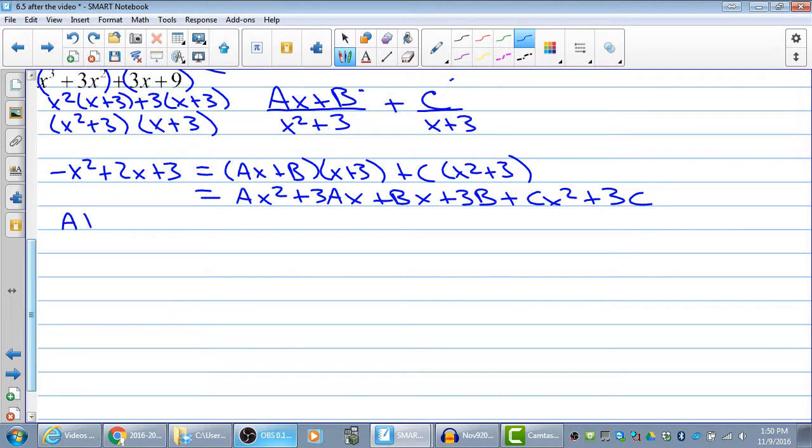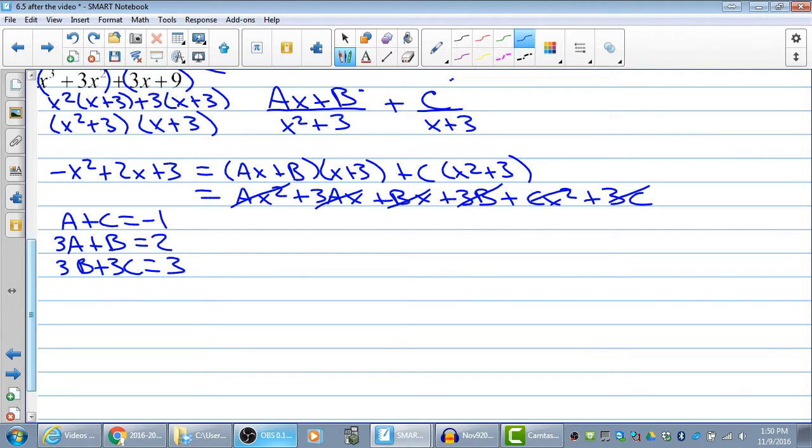Well, now A plus C is equal to negative 1. There's your x squareds. Your x's are 3A plus B, and that's equal to 2. And then 3B plus 3C is equal to 3. That's your constants, the ones without x's, of course.